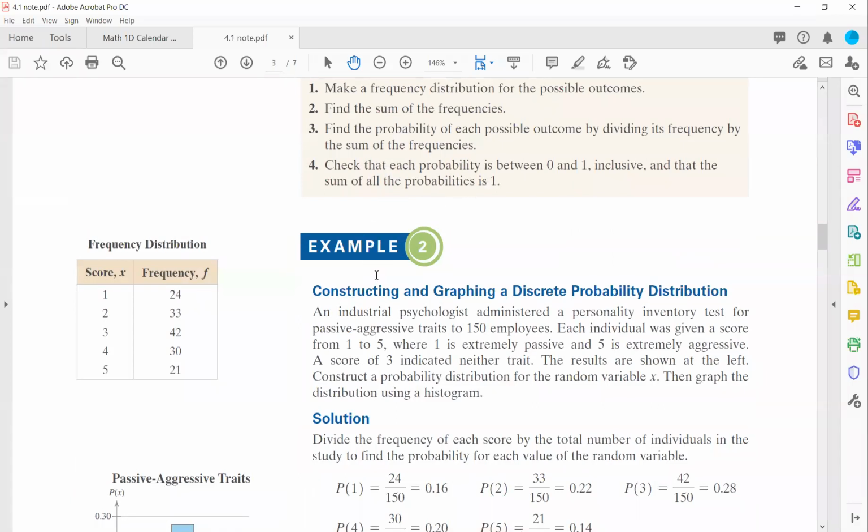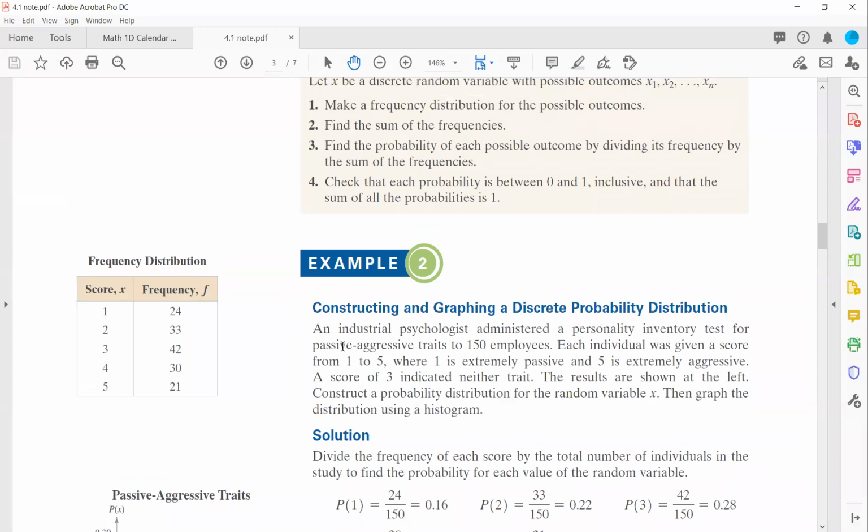In this example, the question says, constructing and graphing a discrete probability distribution. An industrial psychologist administered a personality inventory test for passive-aggressive traits to 150 employees. Each individual was given a score from 1 to 5. So how many people? 150 people.